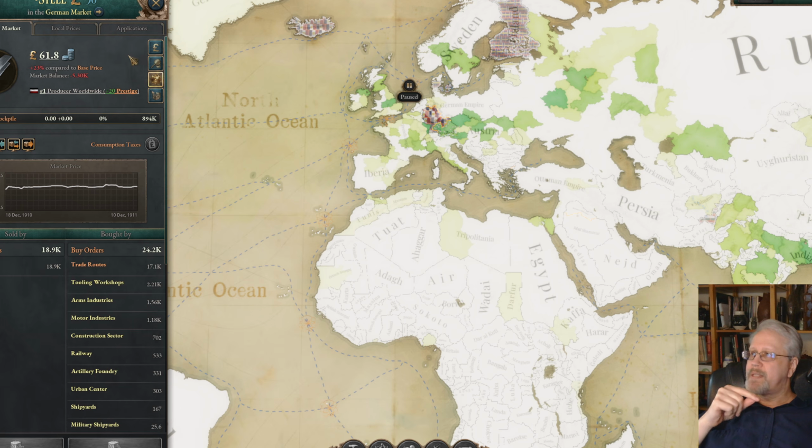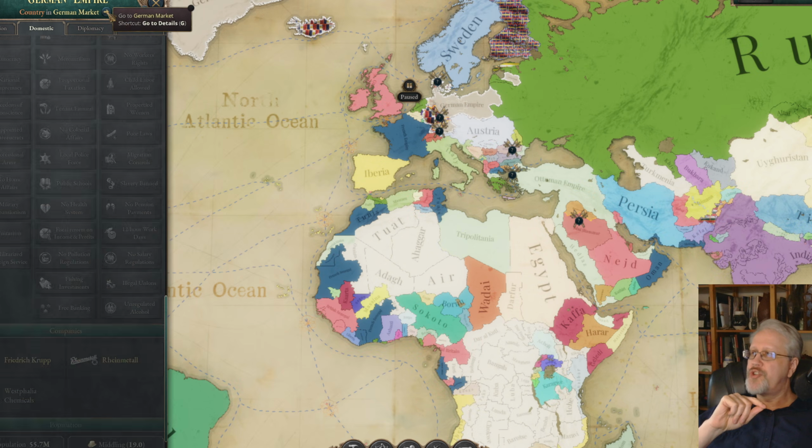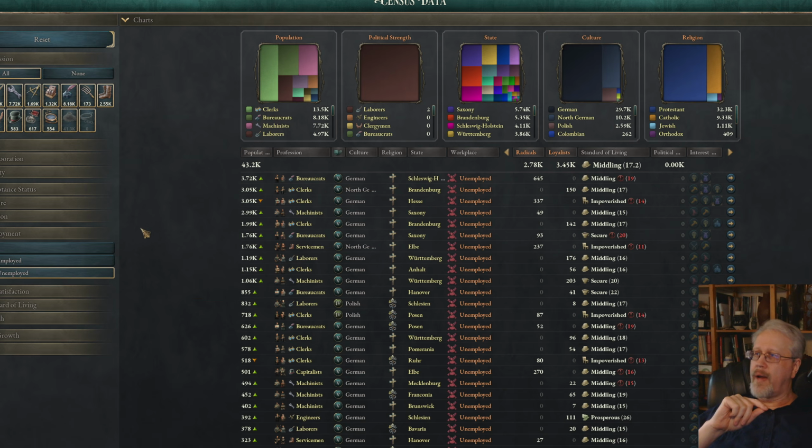And the result is, if we look back here in Germany, let's go to German Empire, let's go to census data. All right. Looking at only unemployed, there are 43,000 unemployed persons in the German Empire.